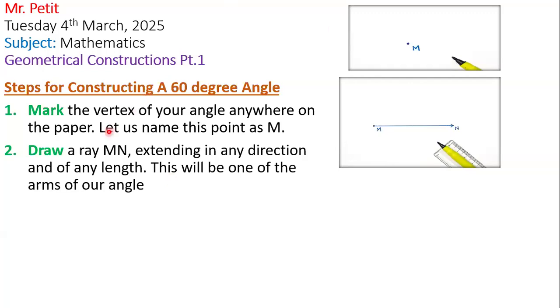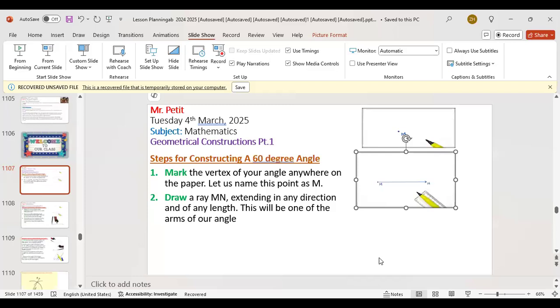Xavier, read the first and second point for me, please. Draw a ray MN extending in any direction and of any length. This will be one of the arms of our angle. Good.